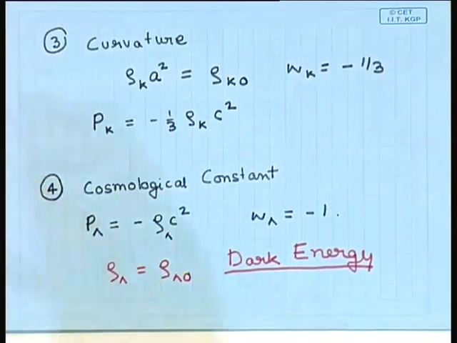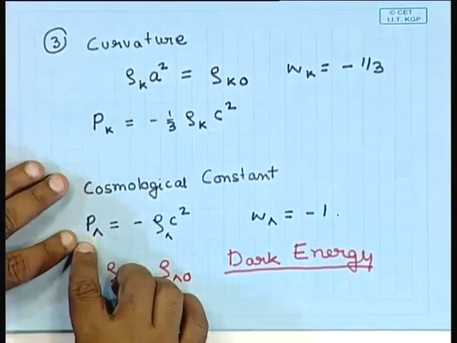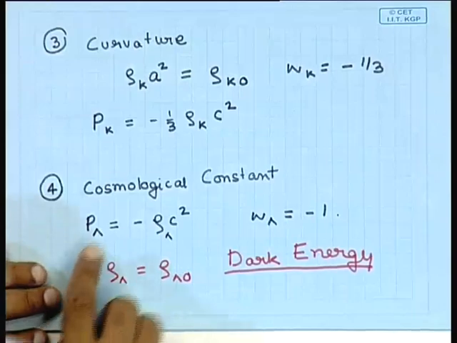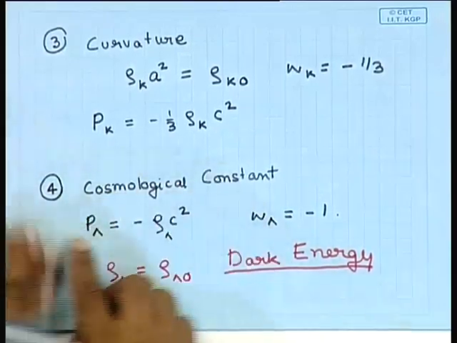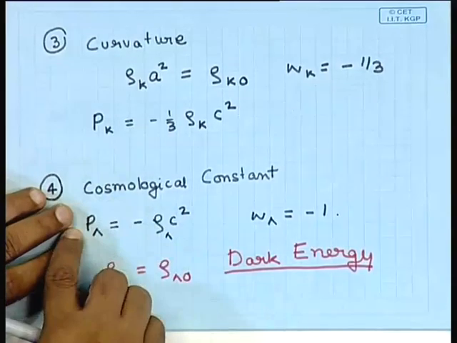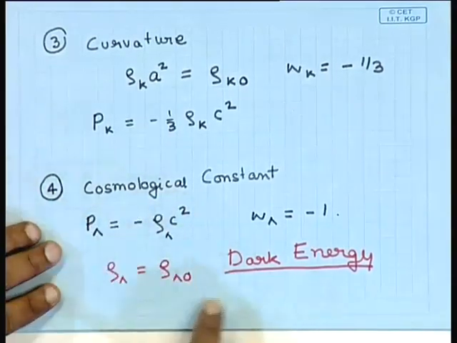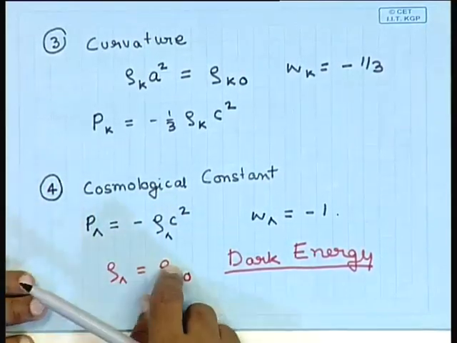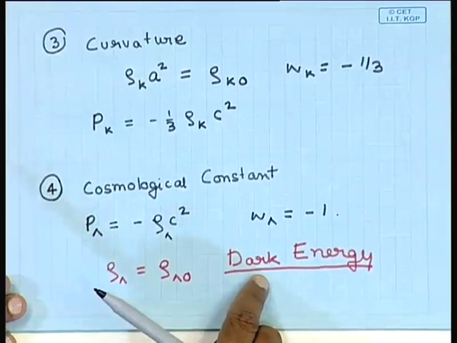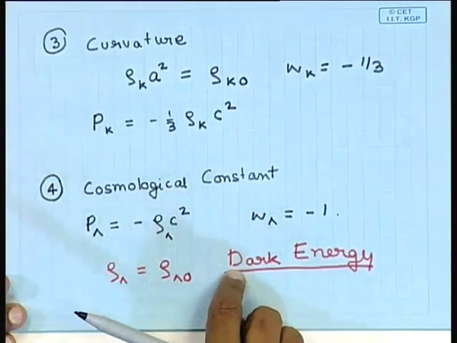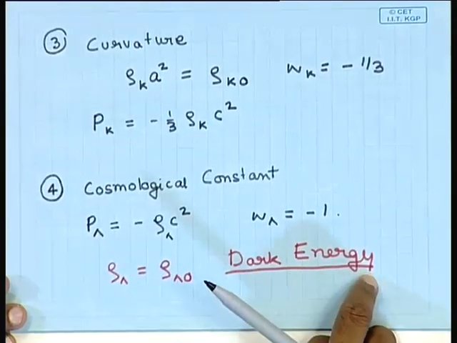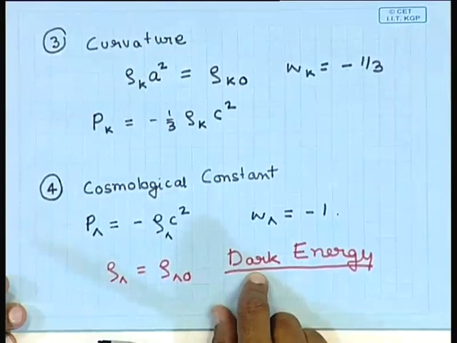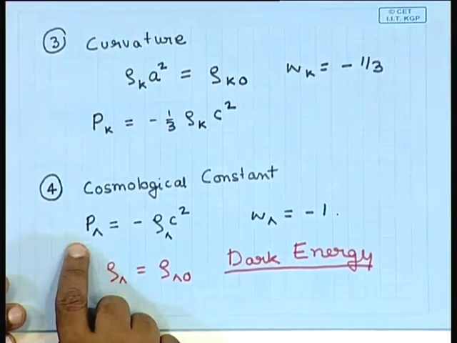So, there is a possibility that there is a constituent of the universe which has got substantial negative pressure, which is not the cosmological constant. So, the cosmological constant is one possibility. There is a generic term, dark energy, which is used to describe such a constituent of the universe, which may also be a cosmological constant. So, dark energy is a more general term referring to a constituent of the universe which has negative pressure.